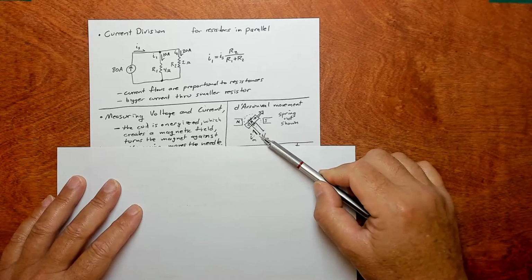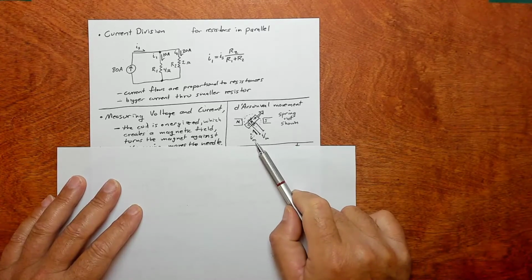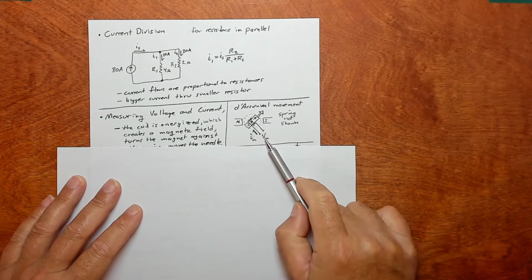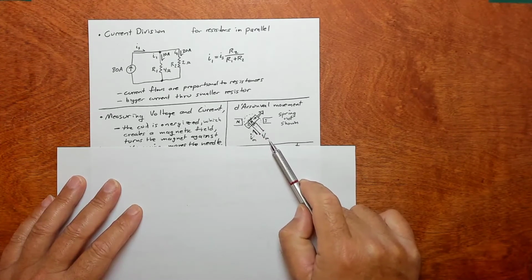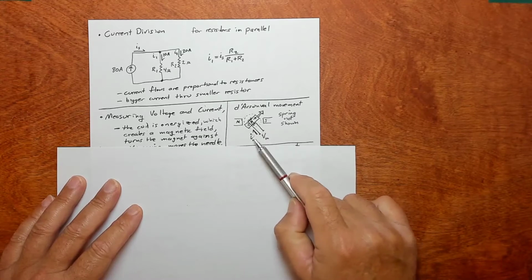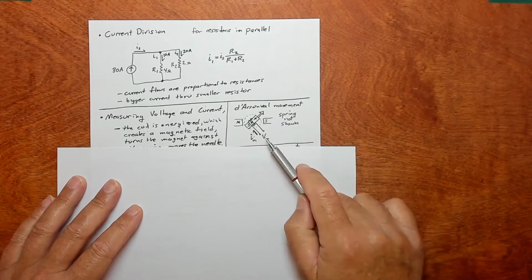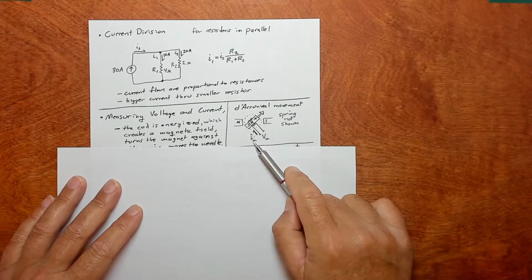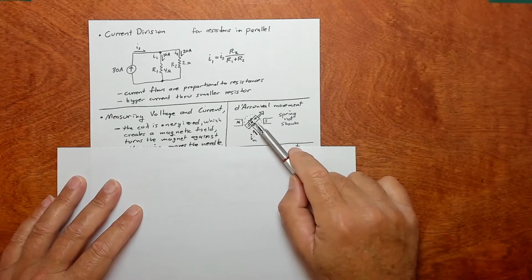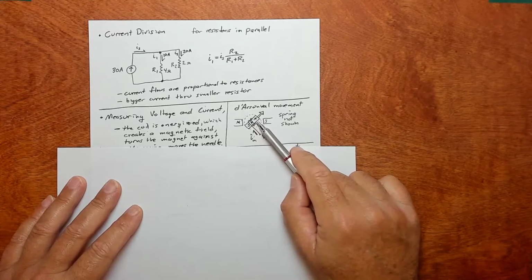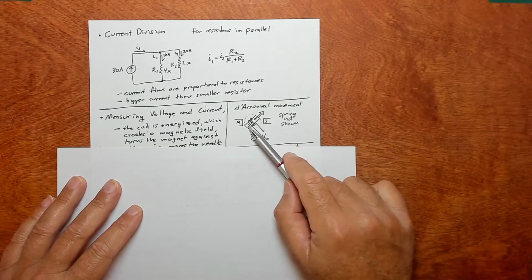As you apply a current I sub m through this coil, so you have to apply a voltage V sub m across the coil to make the current move. But anyway, as you apply V sub m and I sub m, you'll induce a field in here, and the magnetic field will want to align, north to south and south to north.